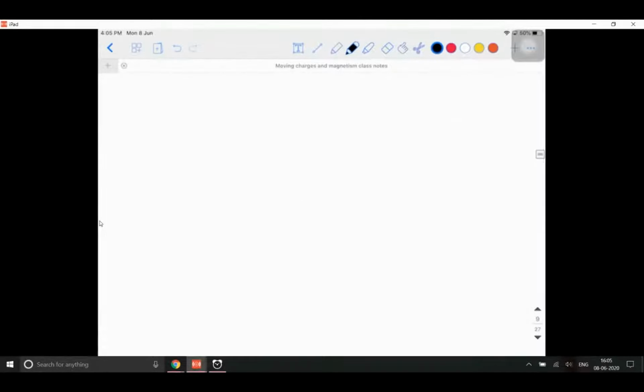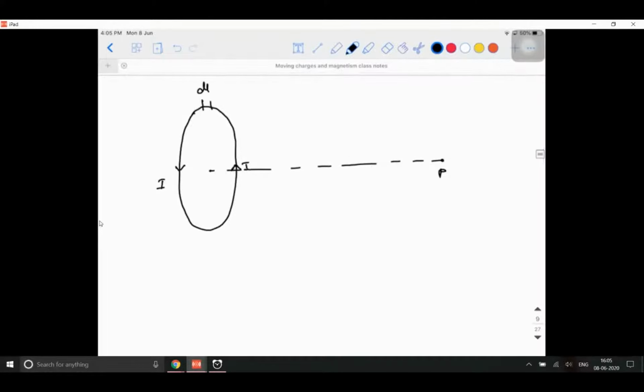To make it simple, I'll draw the final version of it. So you have a current carrying loop. The current is flowing in the anti-clockwise direction. You have the center here. So this is the point P. This is dl, this is dl and this is dl. So this is going to be inside and this is going to be outside.